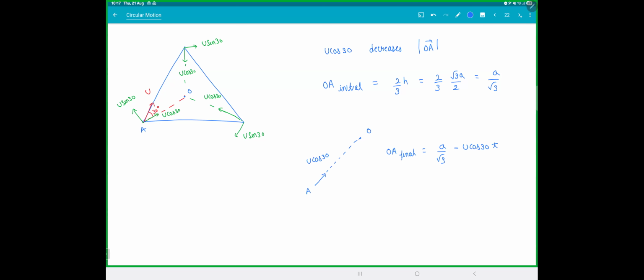Because after time t, you will travel a distance of u cos theta t, and this will be the new distance. So when you write omega as V by R, here V is not changing, R is changing in the denominator. The reason omega changes is because of the distance and not the tangential velocity. So OA final will be a by root 3 minus u root 3 by 2 t.